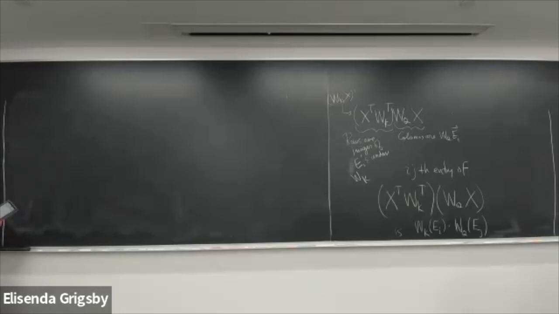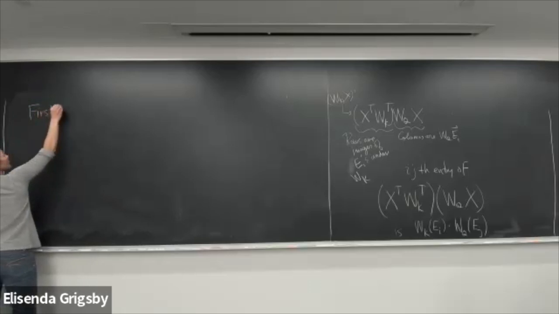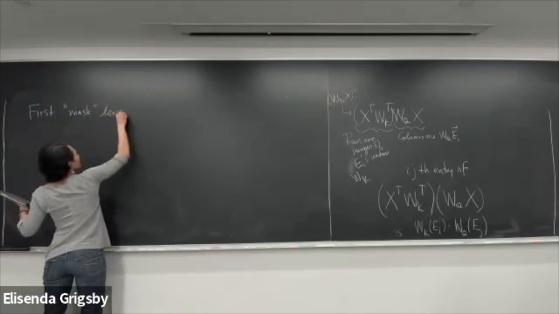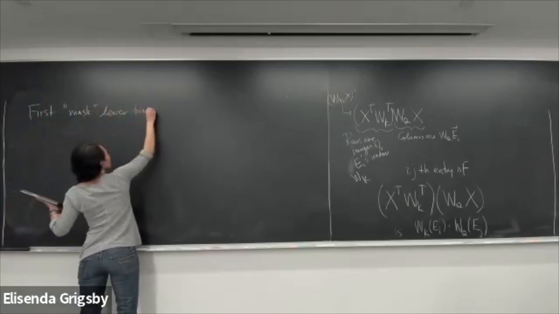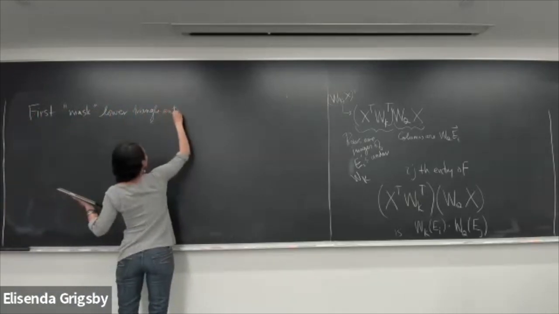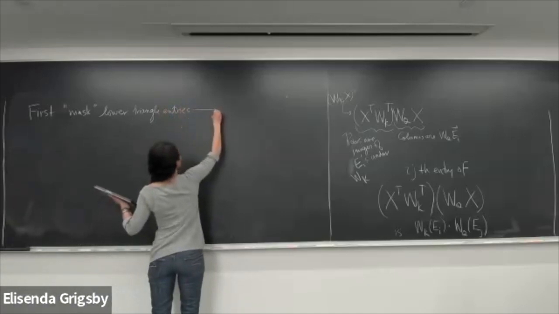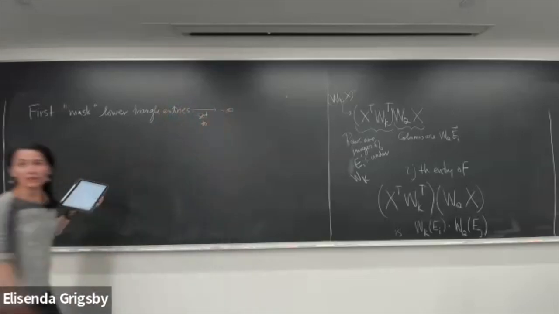And remember, the reason for that was that we only attend to tokens that we've already seen in the string. So then you apply what's called masking, by setting the lower triangle entries to negative infinity.